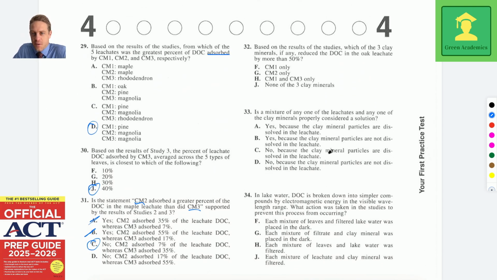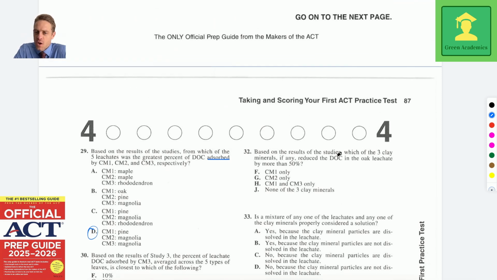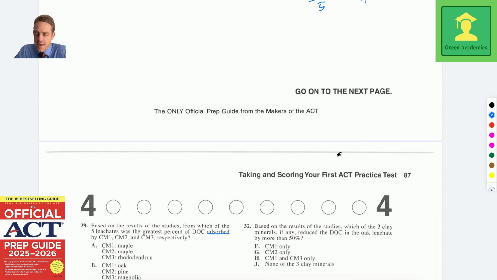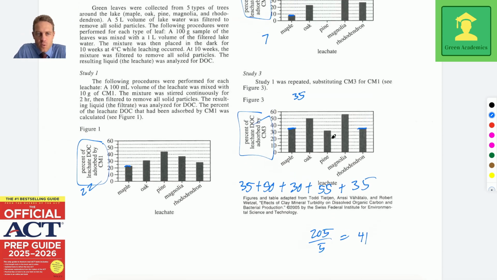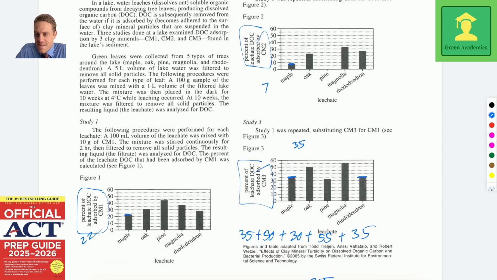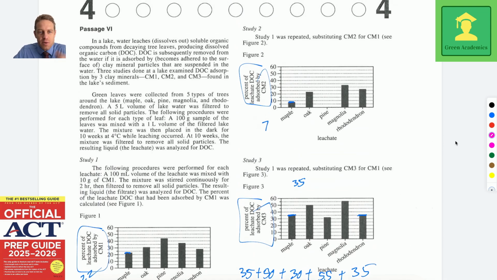Based on the results of the studies, which of the three clay minerals, if any, reduced the DOC in the oak leachate by more than 50%? Reduced it by more than 50%. Well, I think what they're saying is adsorbed. Adsorbed is how much it gets reduced, I think, but I'm going to look back at the word. So adsorbed by becomes adhered to the surface of clay mineral particles that are suspended.